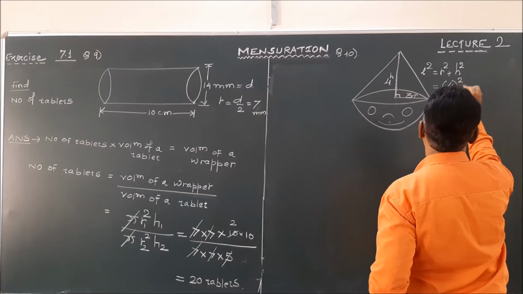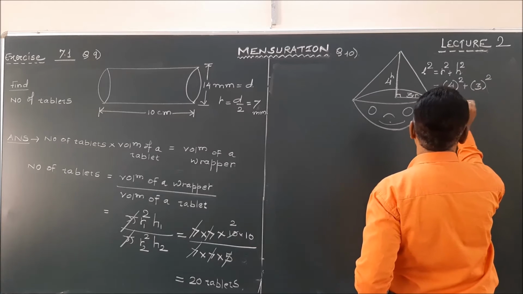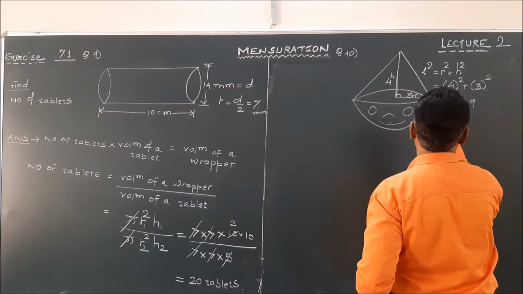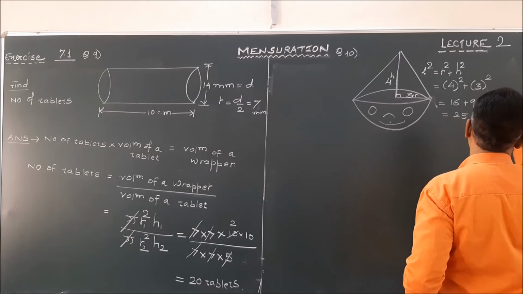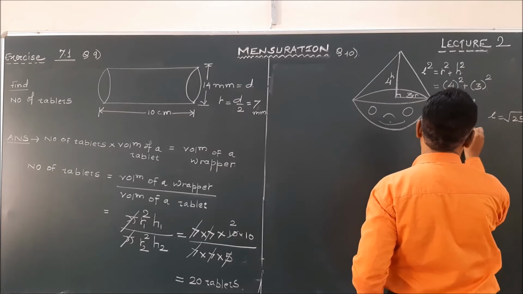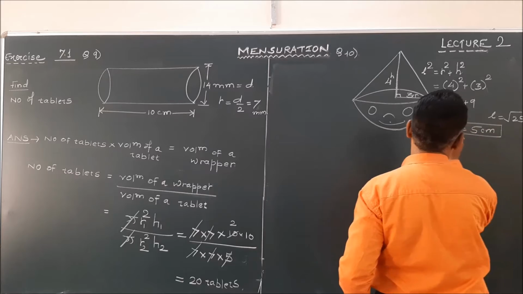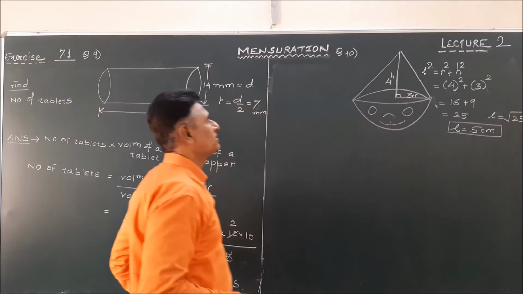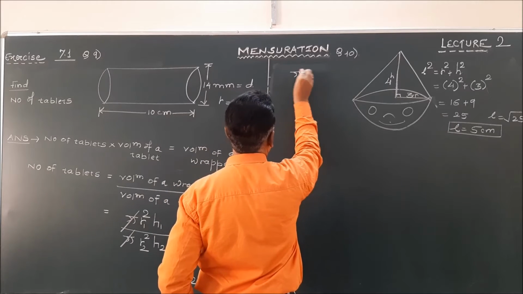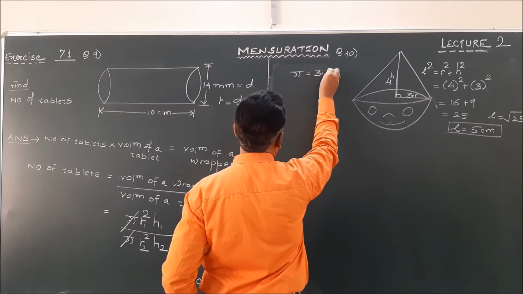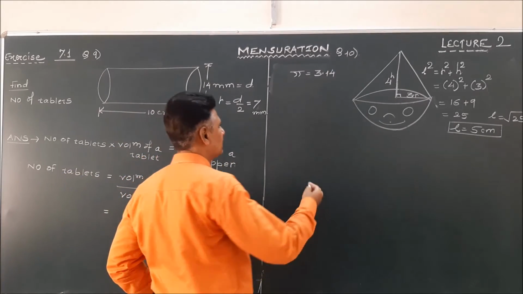While finding the surface area, pi r L is a formula, so we have to find it. So L is equal to root 25, so L is 5. The value of pi is given in this case as 3.14.